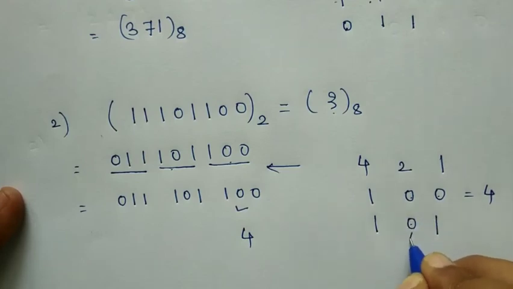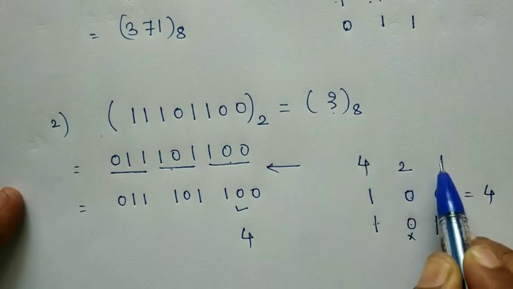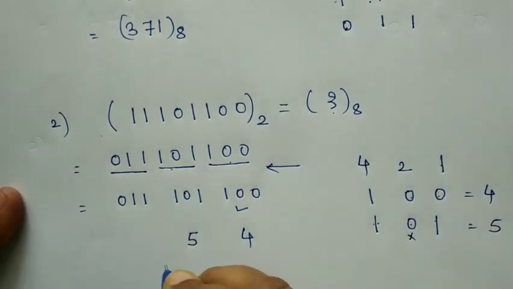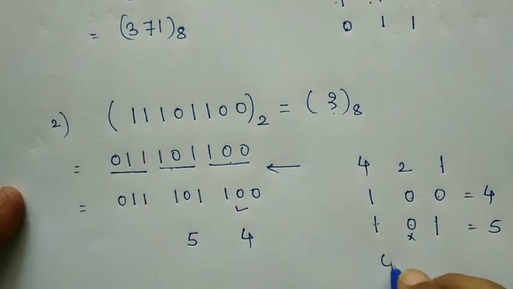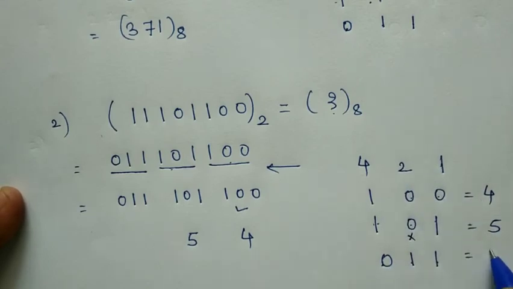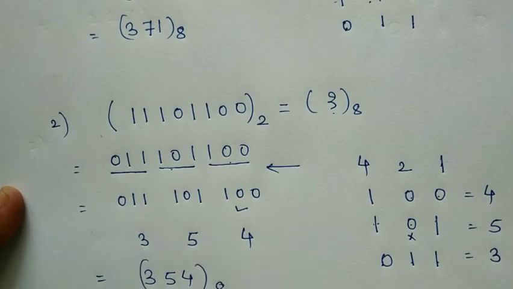The middle is 0, so I will not consider it, and I add 4 plus 1, that is 5. I write 5 here. Now the third group, 0, 1, 1. The first is 0, so we add 2 plus 1, that is 3. I write 3 here. So our answer is 354 to the base 8.